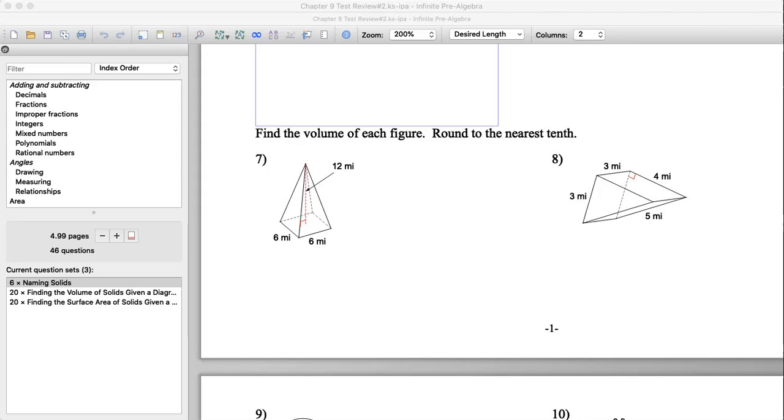Yeah, but big white area right there. Write the formula first. That's where it all starts. It starts with the shape, then the formula.